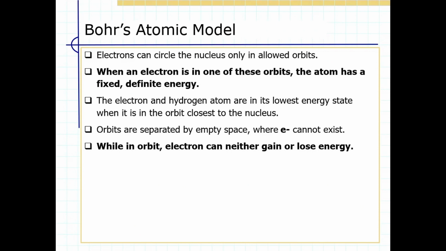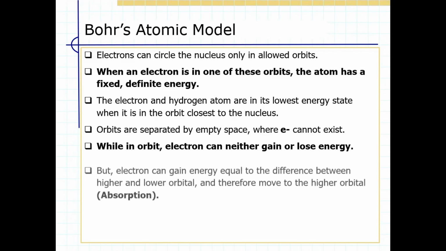The electron in a hydrogen atom is at its lowest energy level when it is in the orbit closest to the nucleus. Orbits are separated by empty space, and in those places electrons will not exist or stay. While in an orbit, electrons can neither gain nor lose energy, so this was fixed.